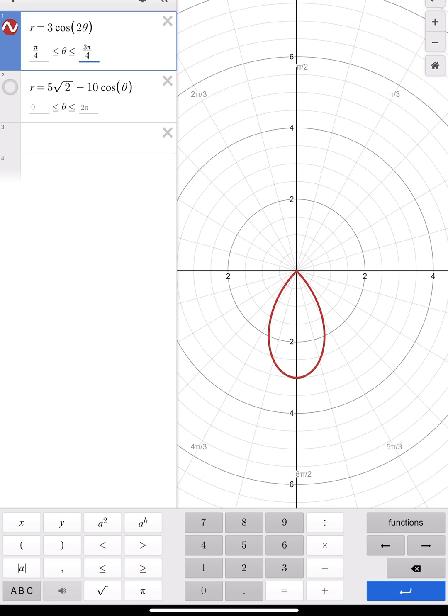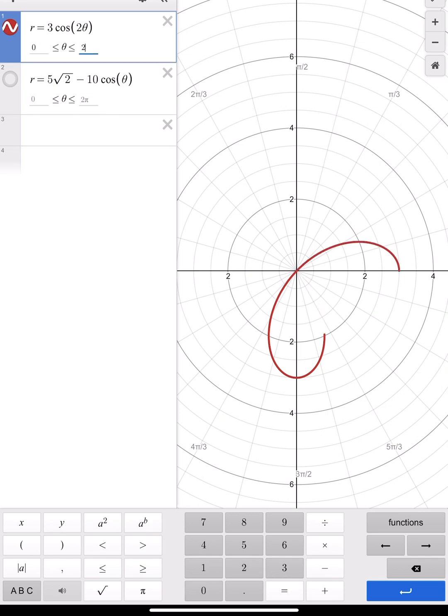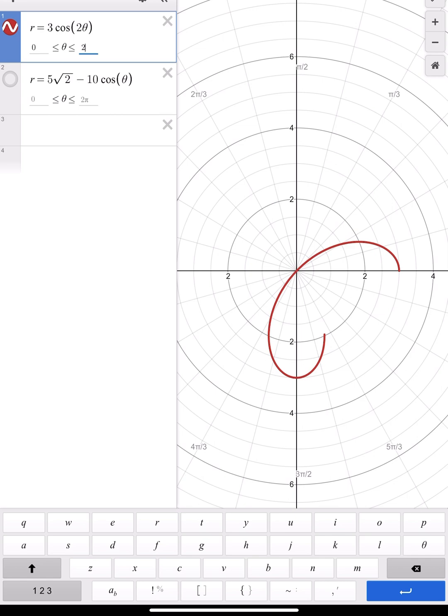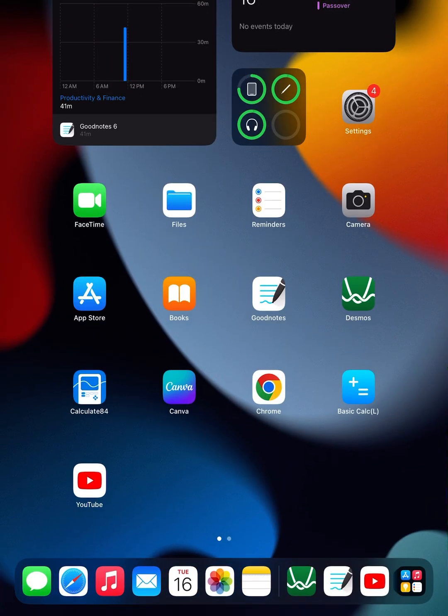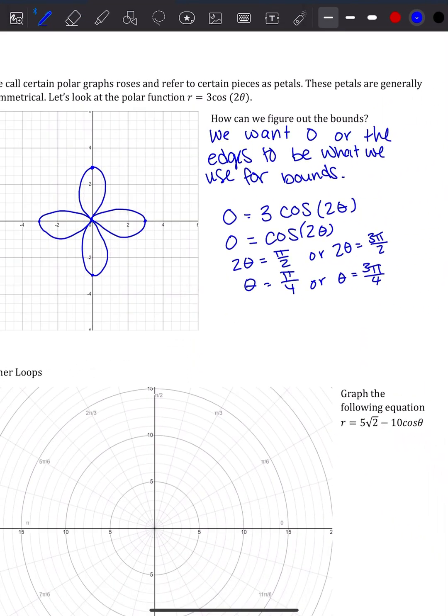So if I wanted to find the area of all 4 petals, I would need to find the area of one petal and then multiply it by 4. 0 to 2 pi is generally a safe bet if we don't know what's going on, but we do need to be a little bit careful because sometimes it's not necessarily what we want. But no matter what, when we're looking for our bounds, we want to pick a radius that we want to find, set it equal to our equation, and then solve, and that's going to give us some bounds.